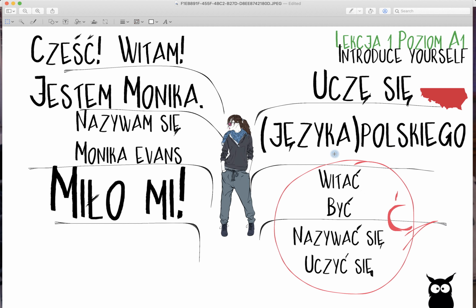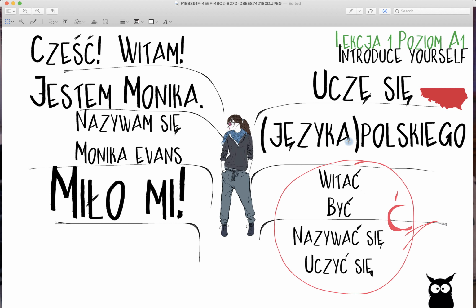Języka polskiego. This time our ł is in the middle of the word. It doesn't finish with it, but it's in the middle. So I'm going to pronounce it as the sound as it is. Języka polskiego. That means the Polish language.